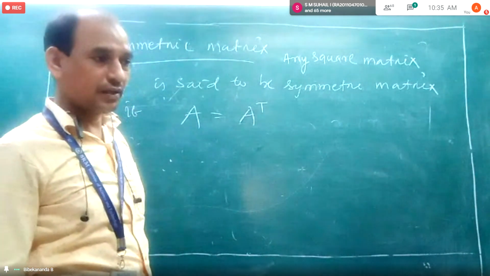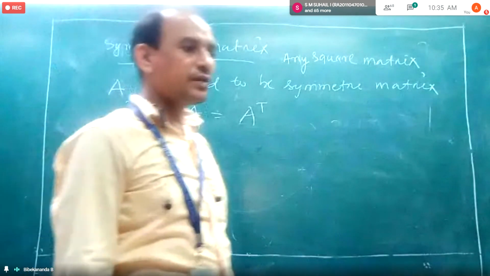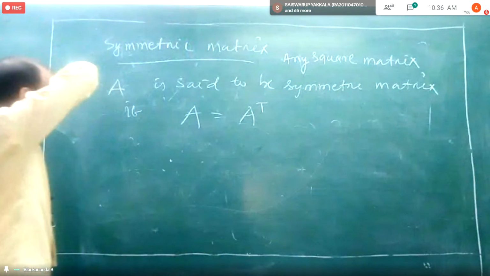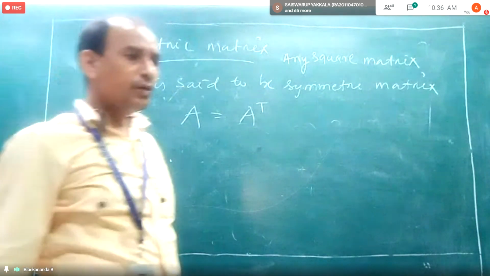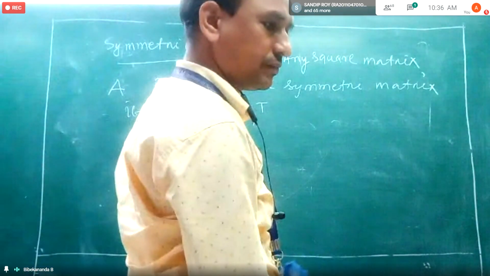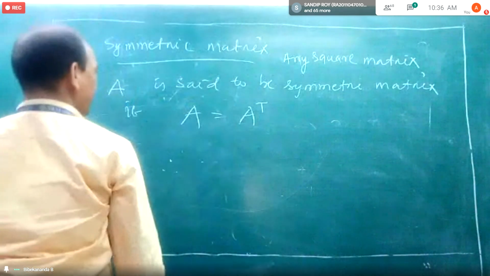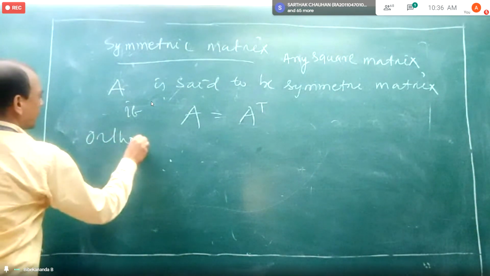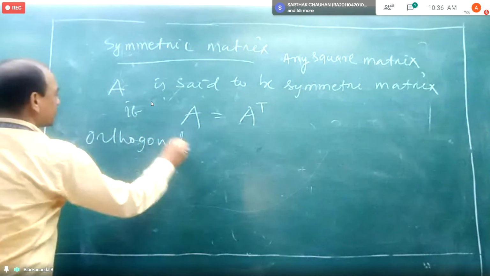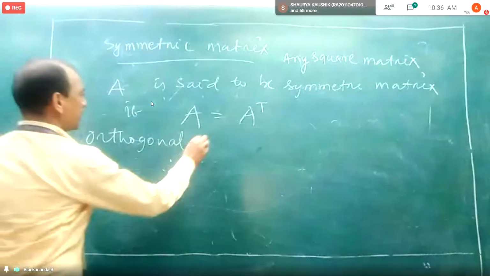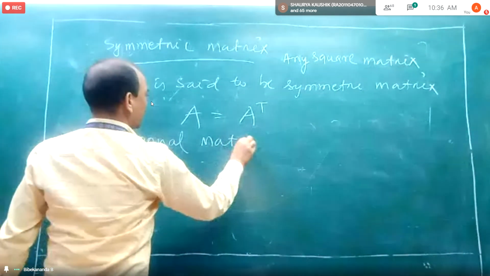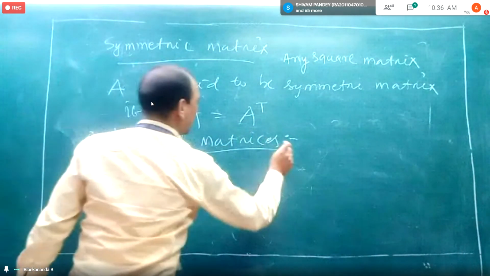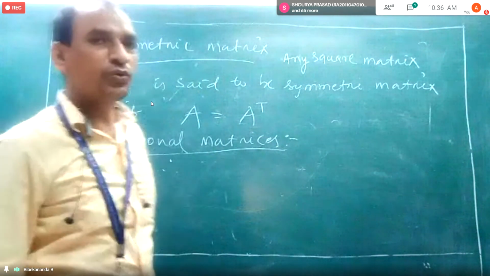Now, another definition you write: orthogonal matrices, because we will use this concept here. When we are talking about orthogonal, there must be at least two matrices.